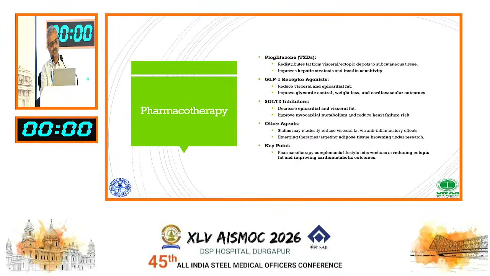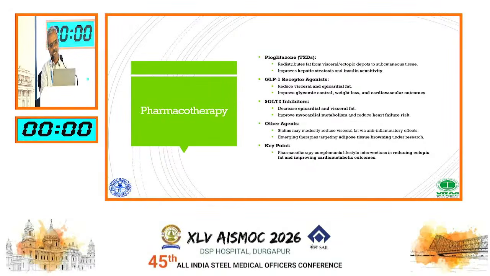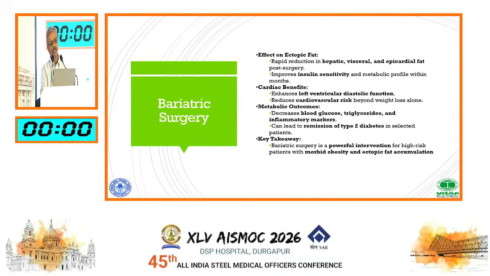SGLT2 inhibitors decrease epicardial and pericardial visceral fat, improve myocardial metabolism, and reduce heart failure risk. Other agents are statins. Key point is that pharmacotherapy complements lifestyle interventions in reducing ectopic fat and improving cardiometabolic outcomes.